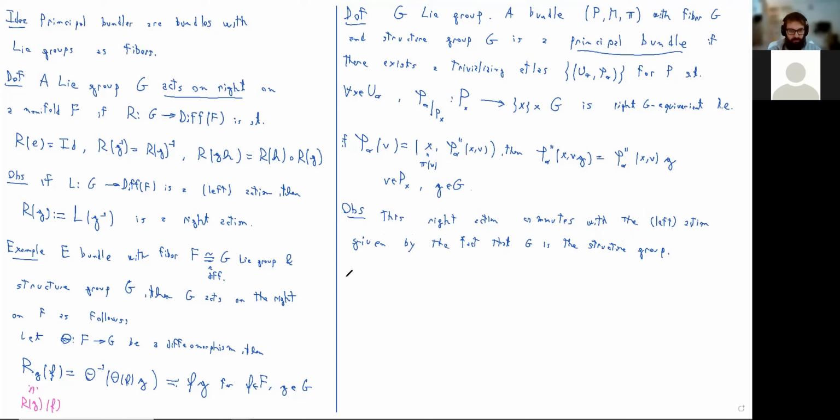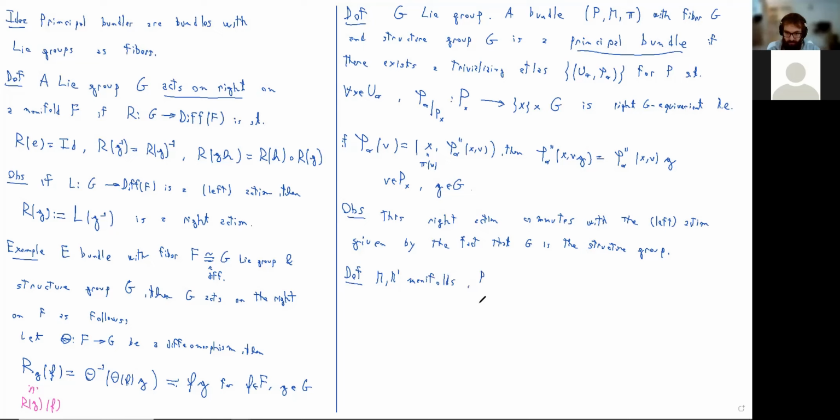And now perhaps it would be a good time to give examples, but we're going to postpone that a bit. I want to give you a few more definitions. For instance, the notion of morphism between principal bundles.